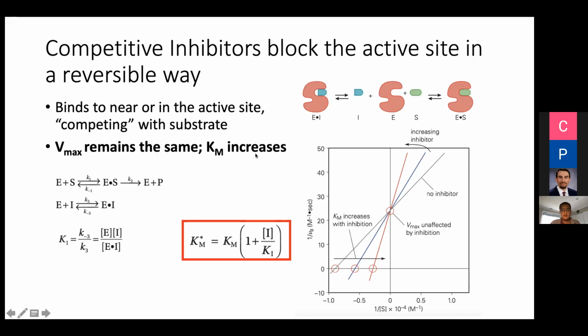But if the substrate is in large excess, it can outcompete the inhibitor. And that's why when the enzyme is fully saturated, the Vmax remains the same and the enzyme has the same functionality. And this new Km is dependent on the inhibitor concentration and the constant for the inhibitor enzyme complex.